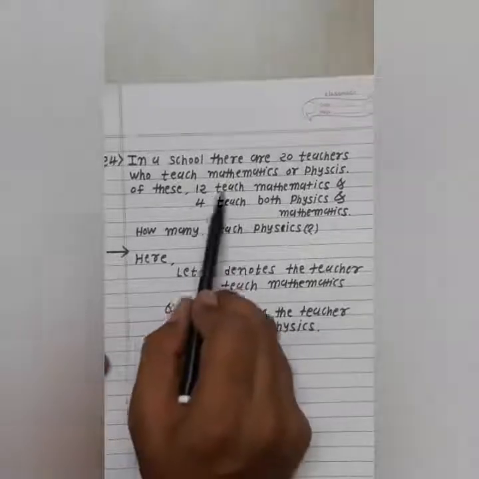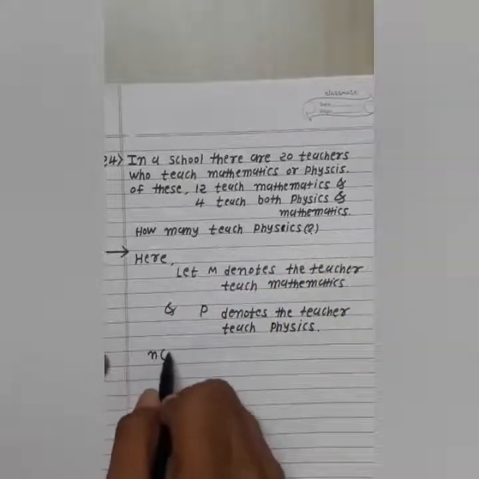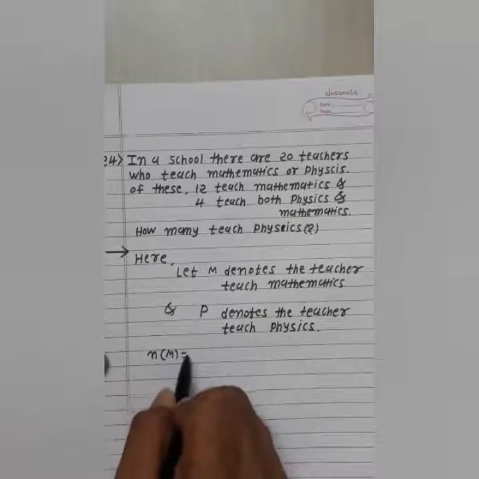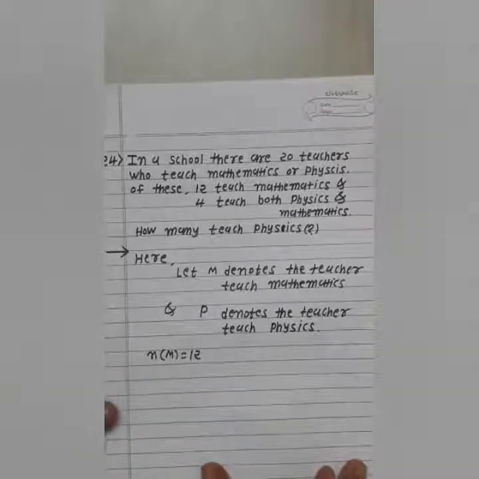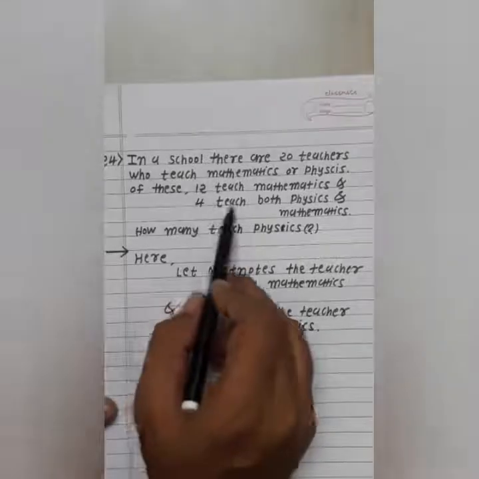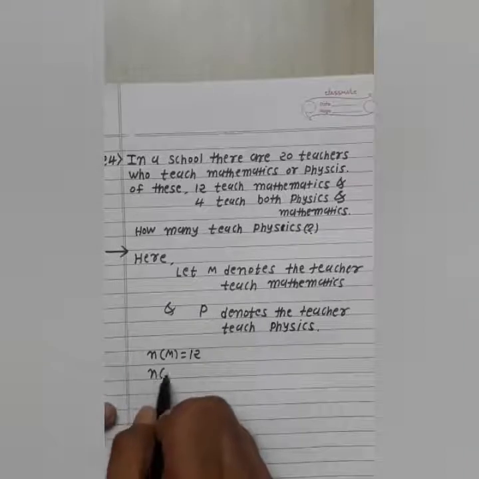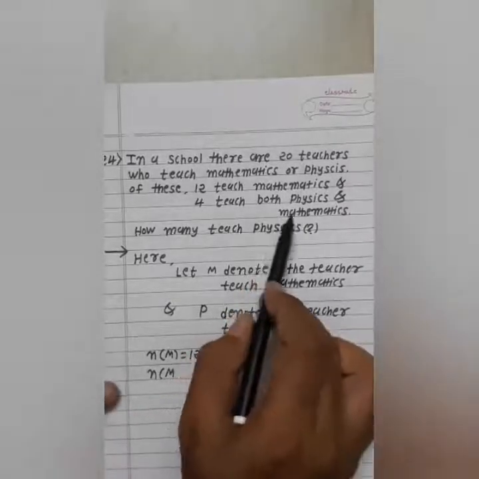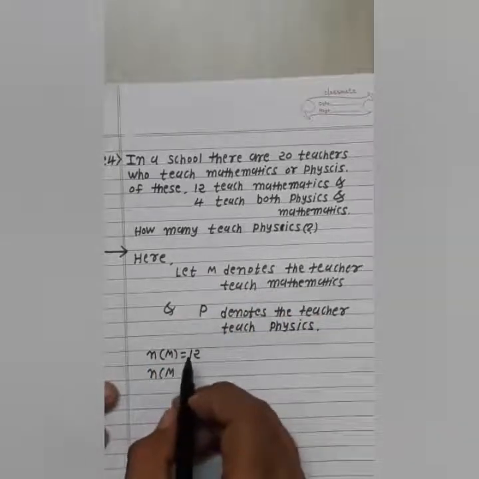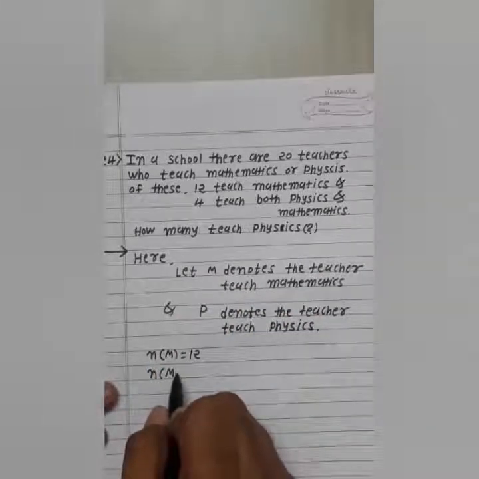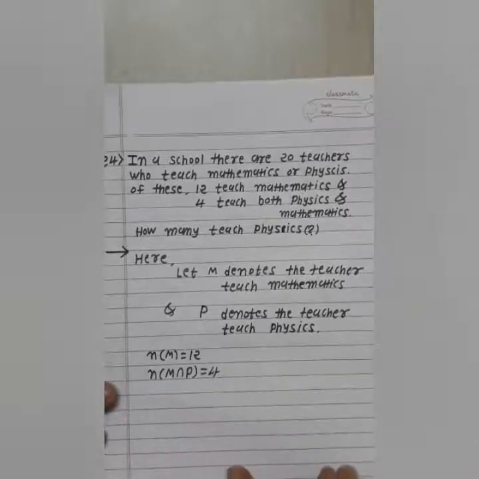Now 12 teachers teach mathematics, so n of M is equal to 12. 4 teachers teach both physics and mathematics, that means intersection, so n of M intersection P is equal to 4.